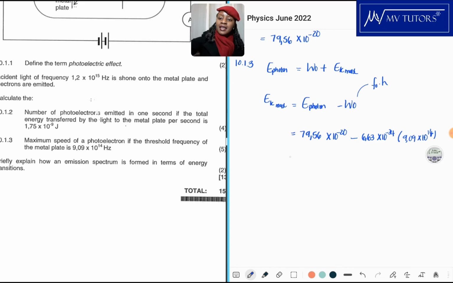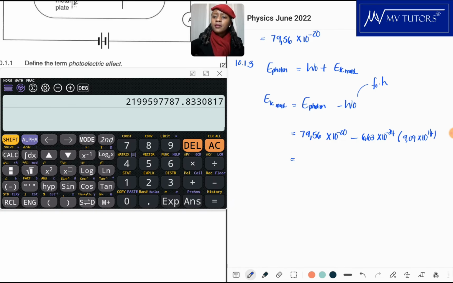Okay, and so we can get the maximum kinetic energy. So I have 79,56 times 10 to the negative 20, and I'm subtracting 6,63 times 10 to the negative 34 times 9,09 times 10 to the 14.